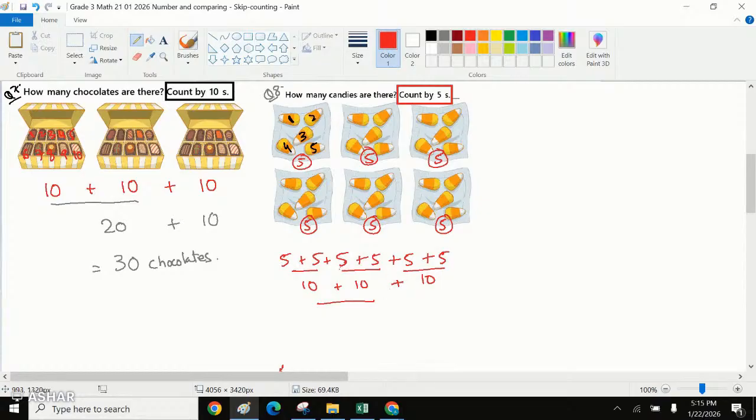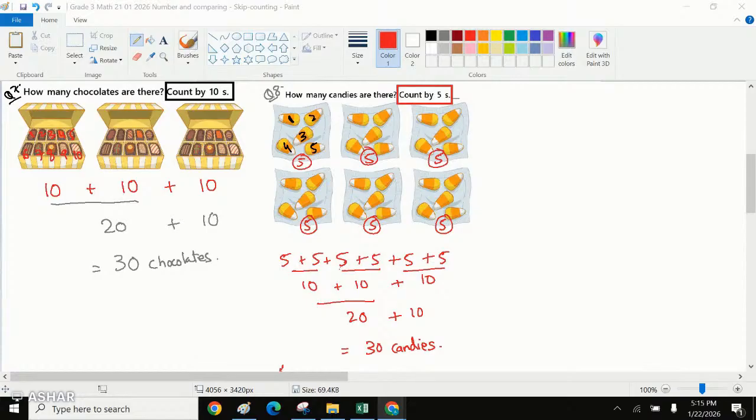That would be 20 plus 10, and finally comes out to be 30 candies, right? So what I'm trying to do is make bigger numbers. The original was 15, I changed it to 30, right? Thank you, everyone.